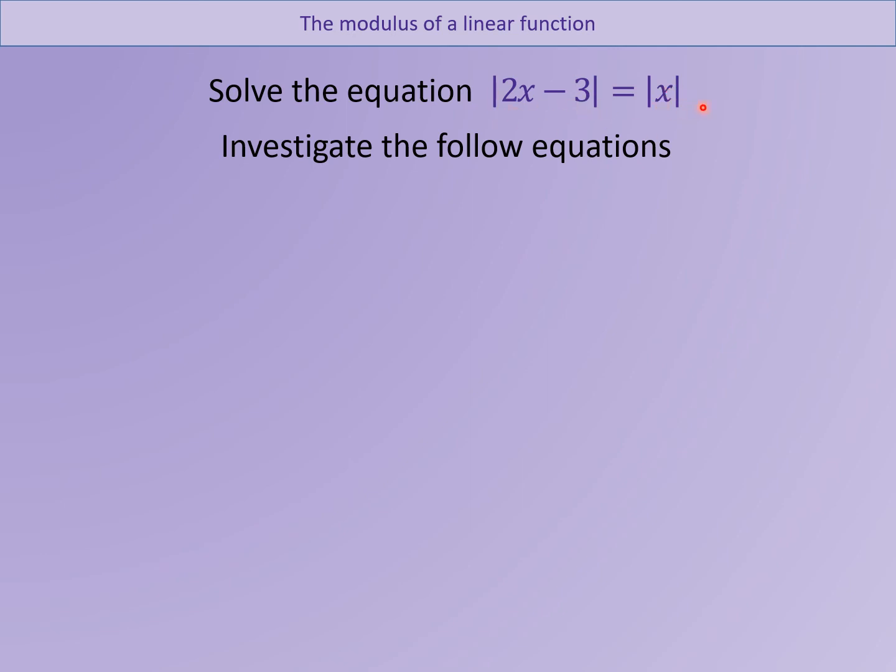This one's positive, this one's positive. This one's positive, this one's negative. This one's negative and this one's positive, and this one's negative and this one's negative. So there's 4 different options. So what I'd like to do is just investigate those, in other words, work them out, see what you get.